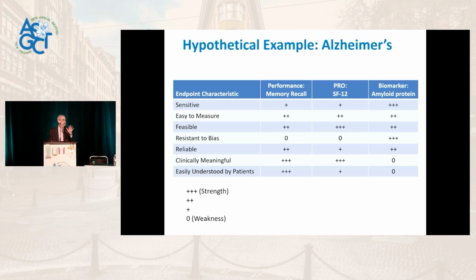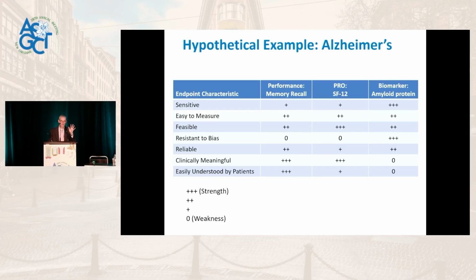Use amyloid, that's fine. It's very sensitive and will detect small effects, but it's not clinically meaningful. So you want to have another outcome measure in that trial, such as a patient-reported outcome or a functional outcome, to complement. So you look at the strengths and the weaknesses of each outcome, and you have primary endpoints and secondary endpoints that complement each other.